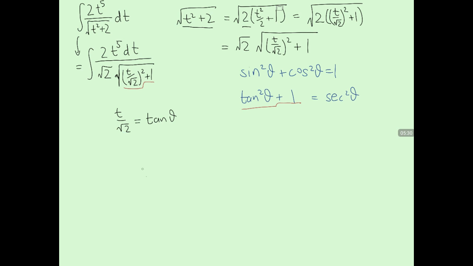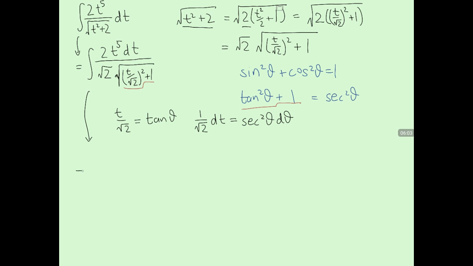If we take the derivative of the left-hand side, we get 1 over root 2 dt, and that's going to be equal to the derivative of the right-hand side, which is secant squared theta d theta. So now we can rewrite our integral in terms of this new variable theta instead of t.